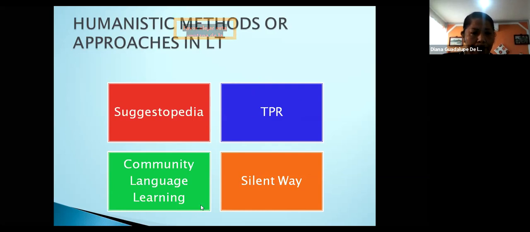Communal language learning is based on the idea that students are motivated to learn a topic, and they provide the teacher with several phrases they want to learn, and the teacher is a facilitator of those phrases. So at the end, students can build dialogues to deal with different functions in real life.